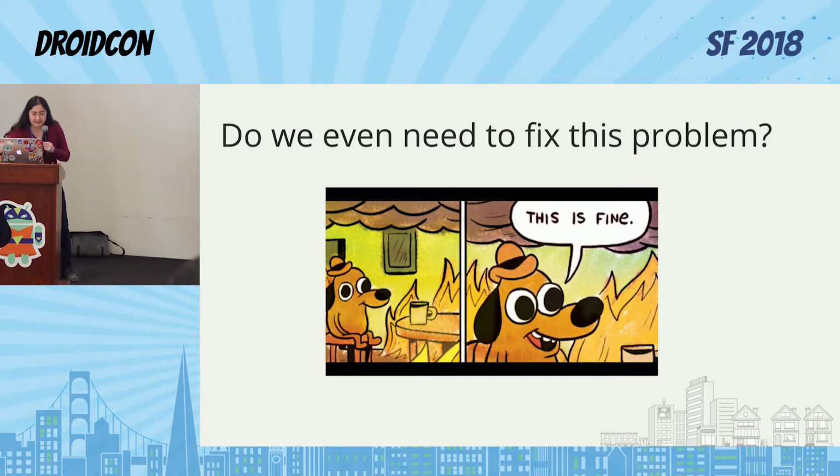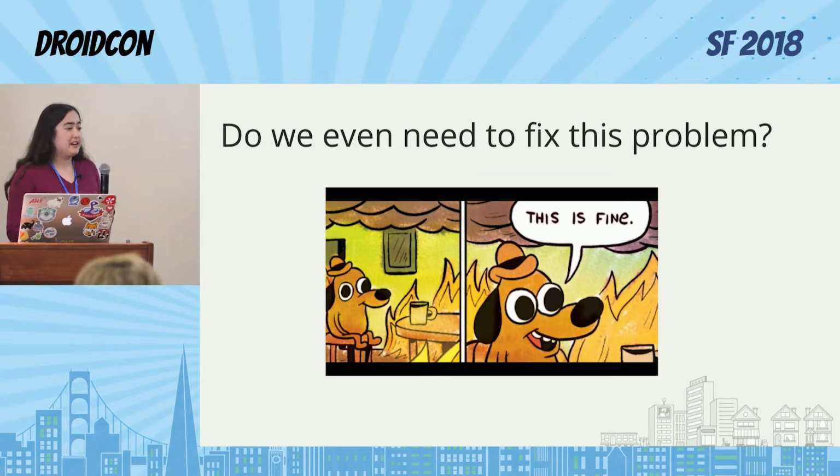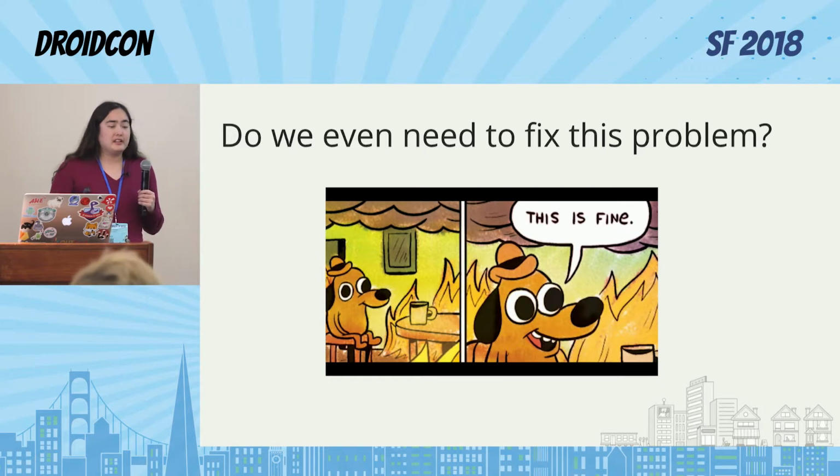So another question, especially when we were talking about this problem with people at other companies, is: is this actually a problem that you want to fix? One caveat is we're coming at this from the perspective of a company with a fairly large user base that is able to dedicate a certain amount of resources to app stability and app quality.